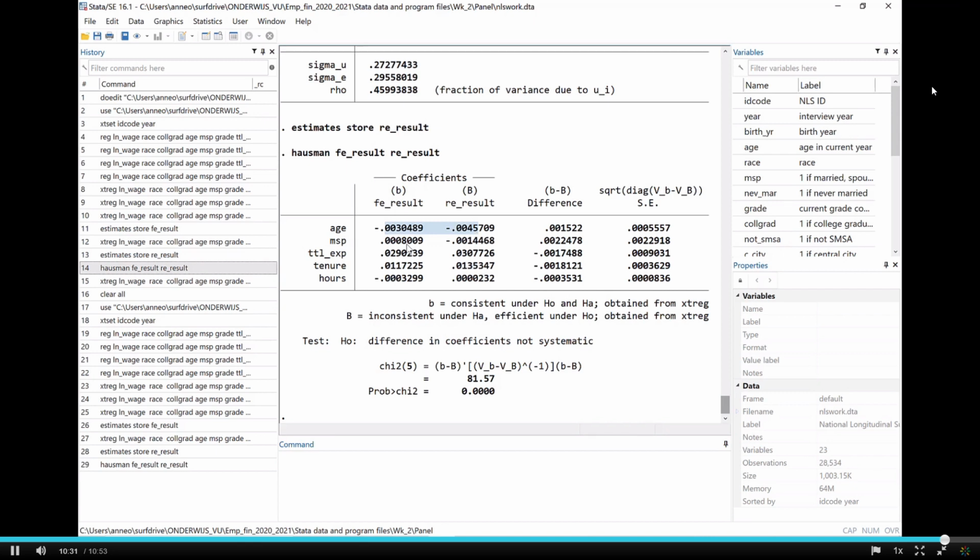And also the MSP is quite a large difference, relatively speaking. And also the hours has quite some differences. So we conclude, we reject the null hypothesis, and we are not allowed to use random effects. So instead, we should use individual fixed effects.